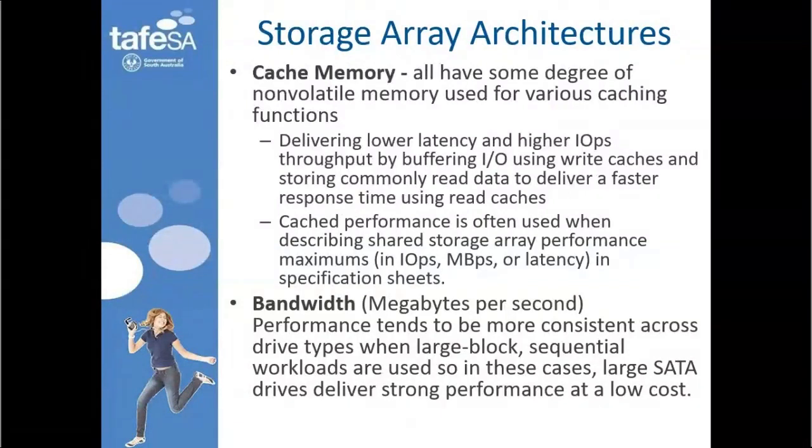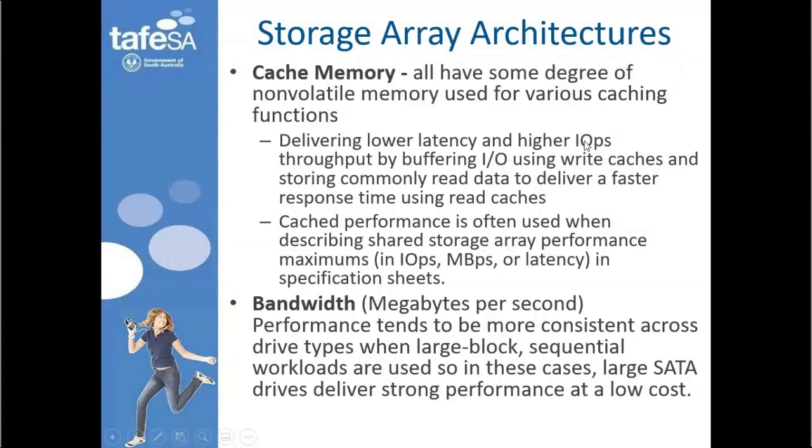Cache memory. With a storage array, the amount of memory, all have some degree of non-volatile memory used for various caching functions. So it delivers lower latency and high IOs per second throughput by buffering the IOs using write caches and storing commonly read data to deliver faster response, using read caches.